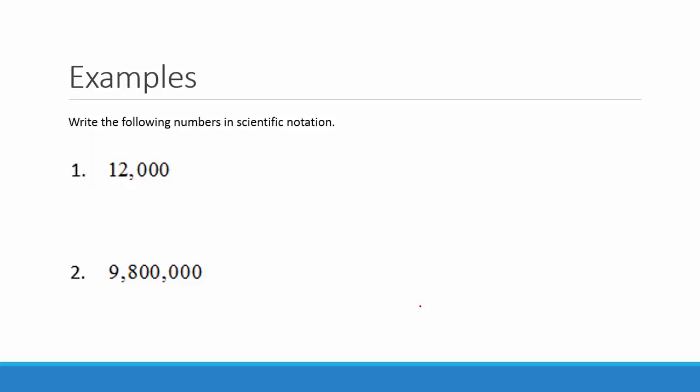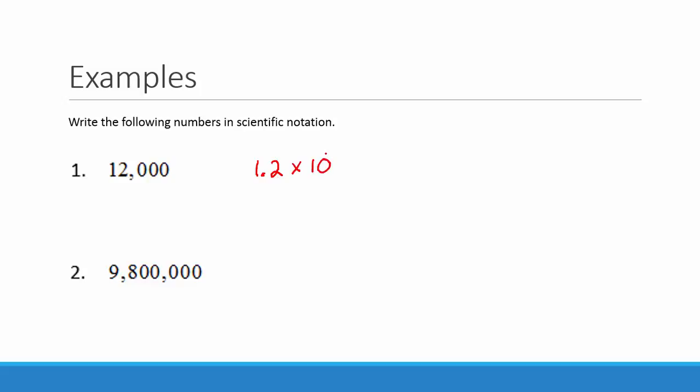Our first non-zero digit as we look at this number from left to right is 1. So we want to put our decimal point to the right of the number 1. And then we will write the rest of the digits to the right of the decimal point. We do not need to write the rest of the zeros, for this will not change the value of the number 1.2.